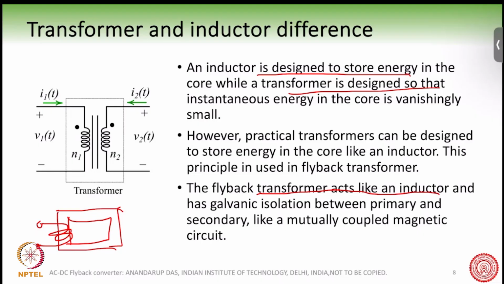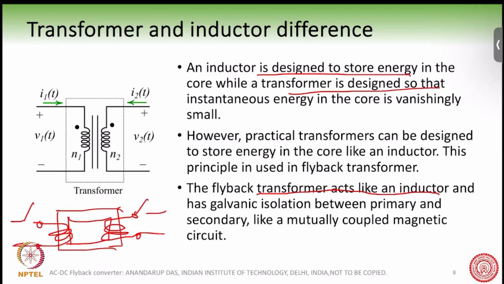So what happens in a flyback transformer? We actually use two switches here. This is the flyback transformer, but we are going to use switches here so that we will store the energy at some point of time using one of the switches, and we will retrieve that energy from that transformer by using the other switch at some other point of time.